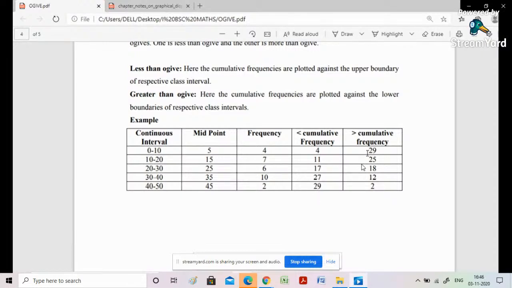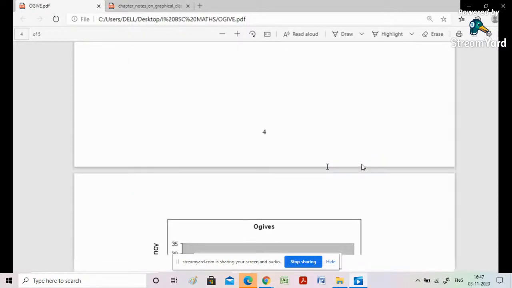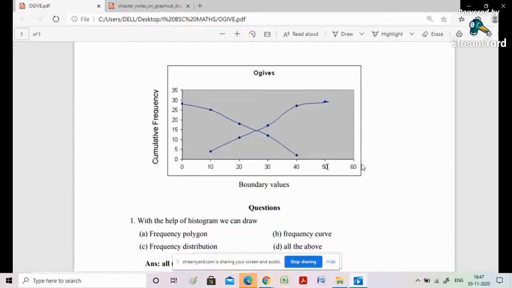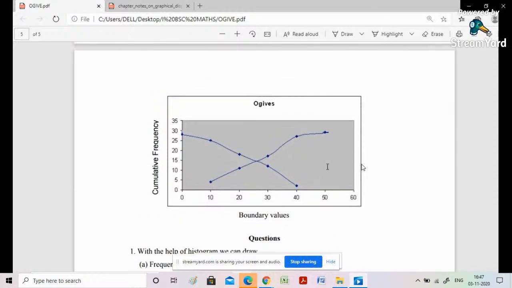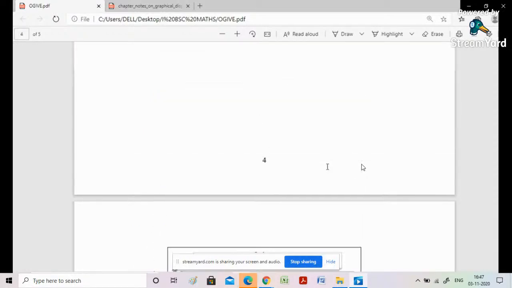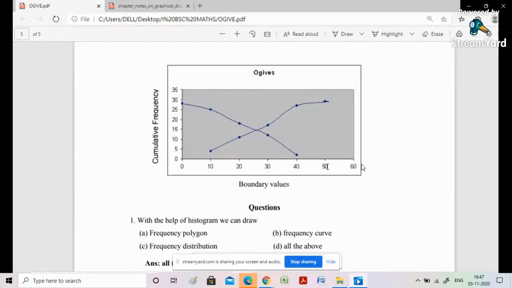Similarly, we can find the greater than cumulative frequency. The total is 29, 4 is subtracted, then 25, then 7 is subtracted, 18, then 6 is subtracted, 12, 10 is subtracted, 2. So these are the less than cumulative and greater than cumulative frequencies. If we plot the data based on the less than cumulative frequency and greater than cumulative frequency, that curve is usually called the Ogive curve.